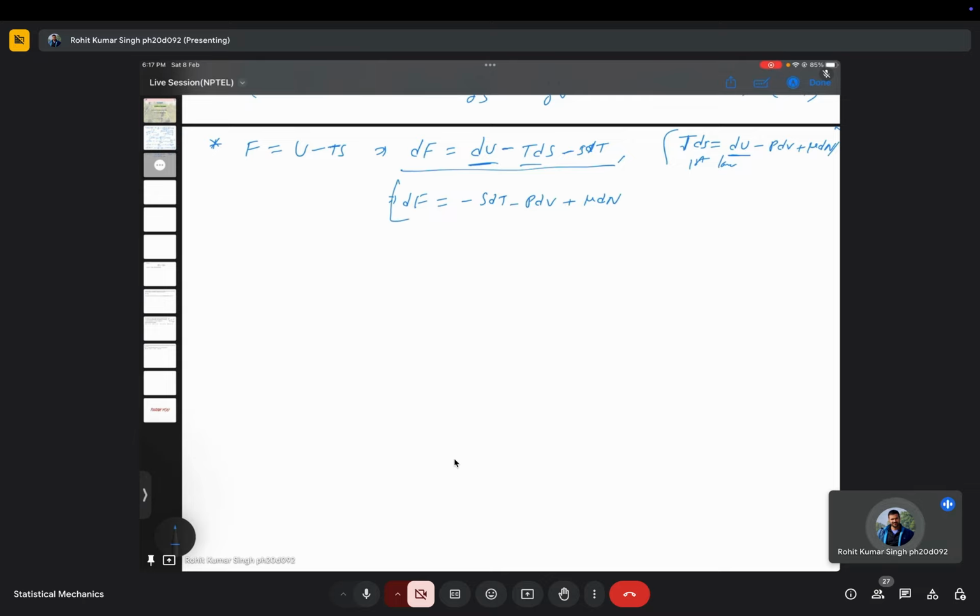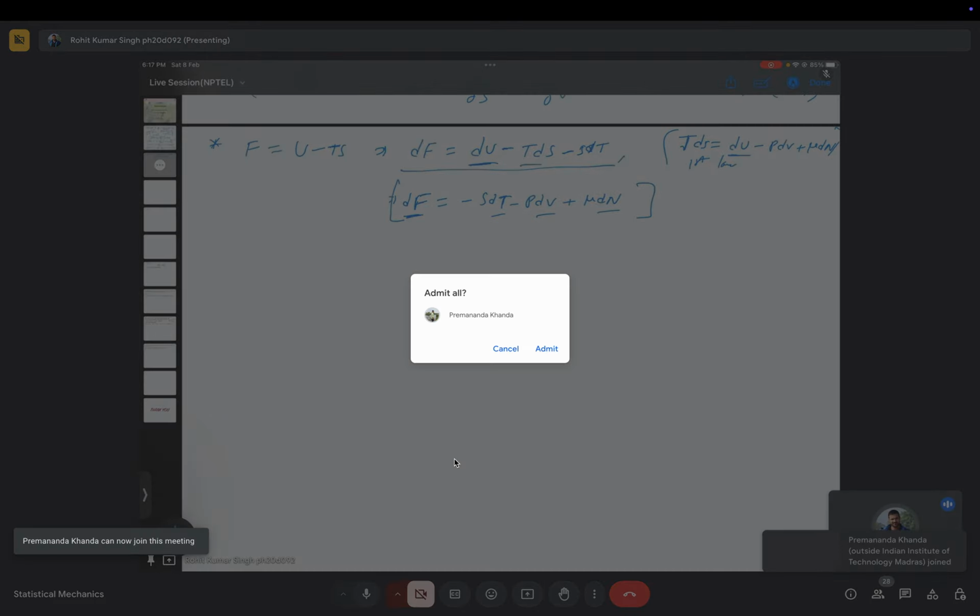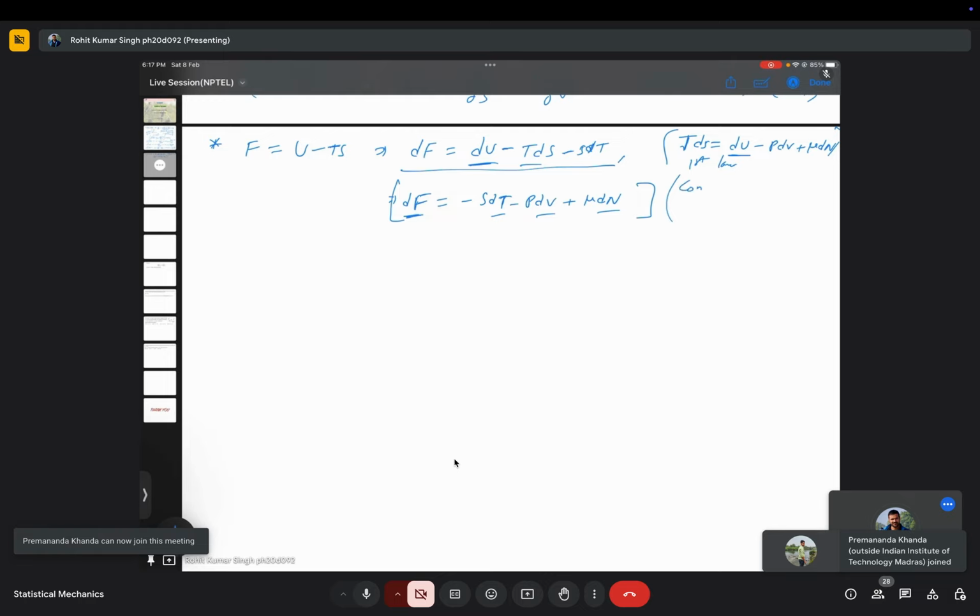So now what you find from here is that a finite change in Helmholtz free energy depends on change in temperature, volume and number, okay? So this Helmholtz free energy is conserved if there is no change in temperature, so isothermal process, and there is no change in volume. So that means no work is being done, so no mechanical work.